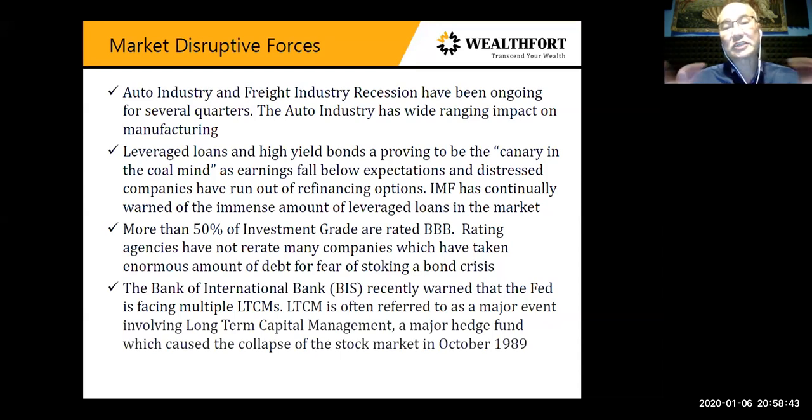So what are leveraged loans? Leveraged loans are those loans that are given to non-creditworthy companies. But why do banks do that? Number one, if they loan to these companies, they can charge a very high interest.